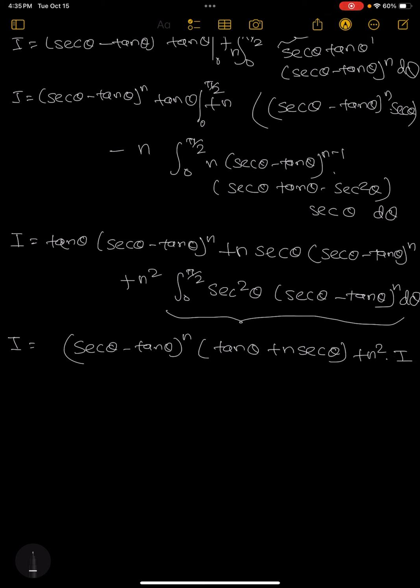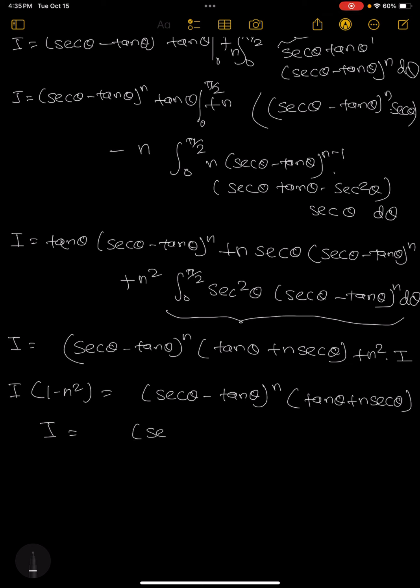Now I can take this to the other side, so I times (1 minus n square) equals (sec theta minus tan theta) to the power n (tan theta plus n sec theta). So I equals (sec theta minus tan theta) to the power n (tan theta plus n sec theta) divided by 1 minus n square, right?